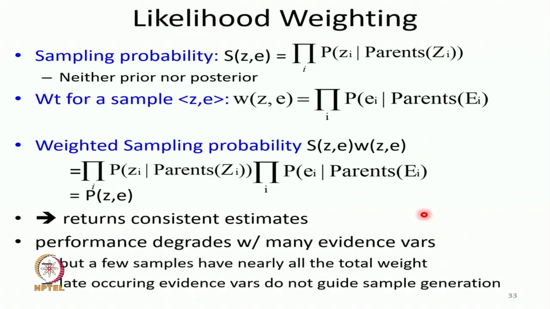Moreover, most importantly to me, late occurring evidence variables do not guide sample generation, and those are what should be guiding sample generation. If I start out by saying, let us see whether there will be burglary, let us see whether there will be earthquake, it will always be false and false, almost. Probability 0.97, this would be false, probability 0.999, this would be false, very, very high probability, both of them will be false.